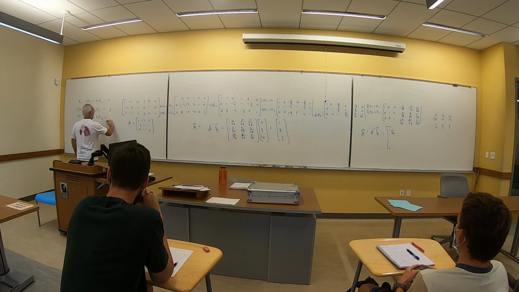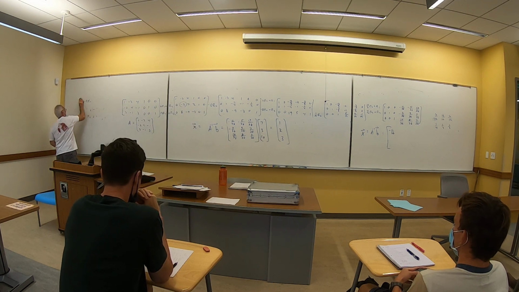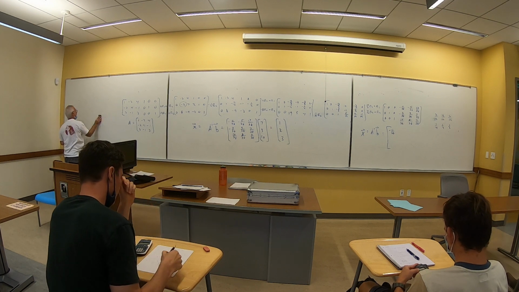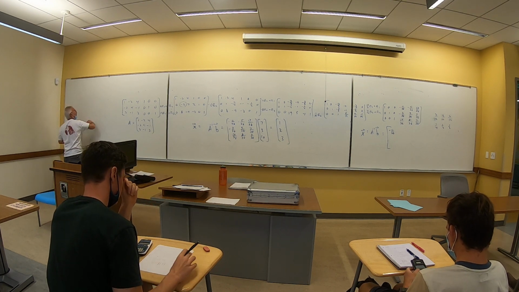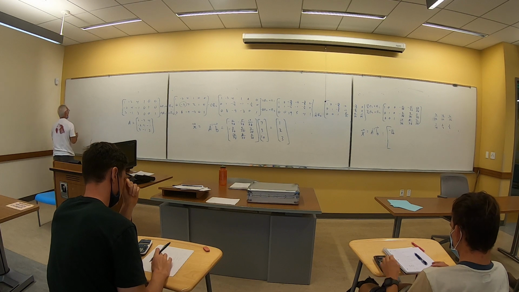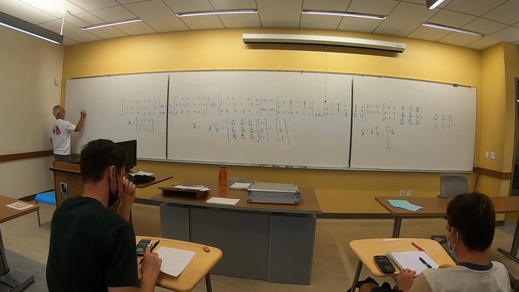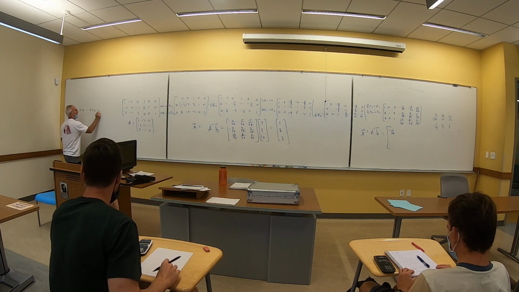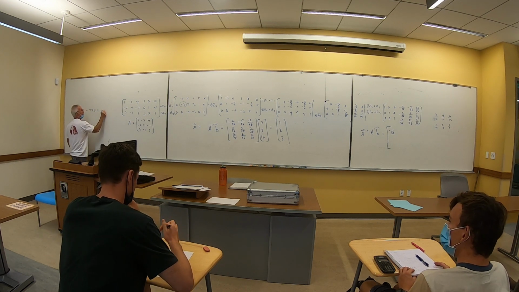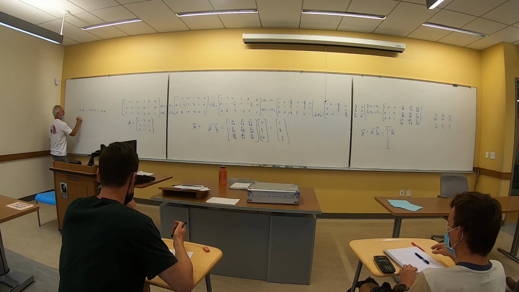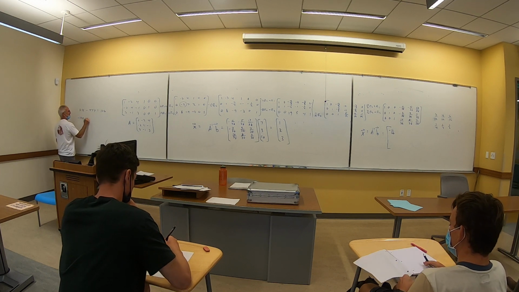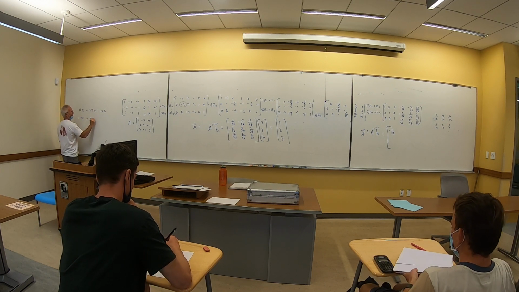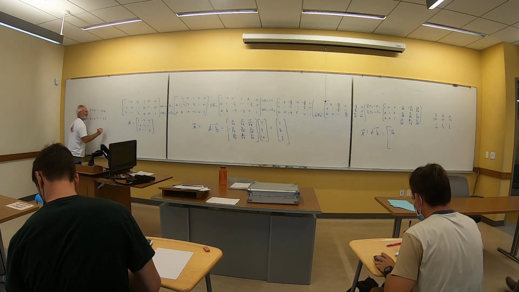Okay, let's do a smaller problem now. A little bit smaller. Okay, I've got 13x minus 47y equals 106, and I've got negative 19x plus 21y equals negative 37.